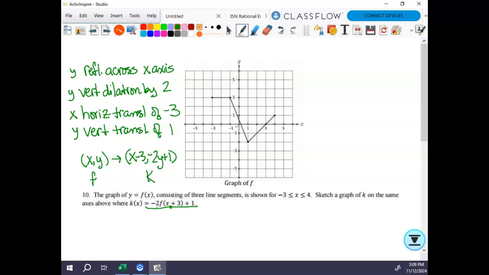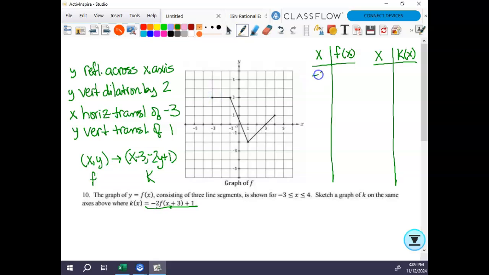Right. So I'm going to do my x and f of x. I'm going to do my x and my k of x. All right, so pick off these key points. Oh, I guess those are the same as the other ones, but -3, 3, -1, 3, 1, -2, and 4, 1.